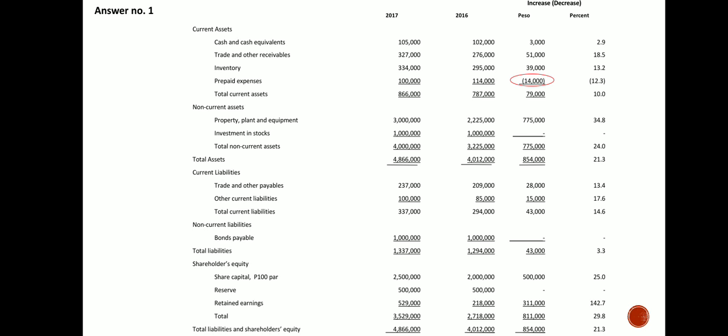The difference there is a 14,000 decrease. This 14,000 decrease is equivalent to 12.3%, and we enclose it in parentheses. The parentheses are there so we can distinguish it as a decrease. So how to get it? 14,000 decrease divided by the base amount of 114,000. That is a 12.3% decrease.